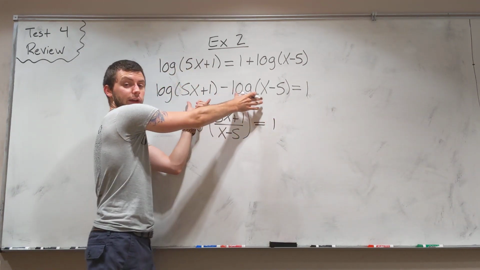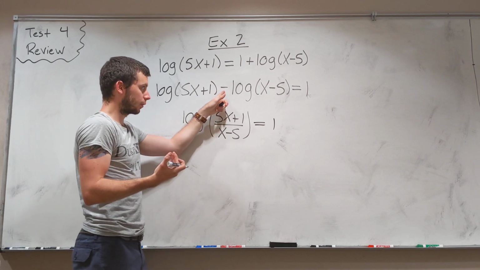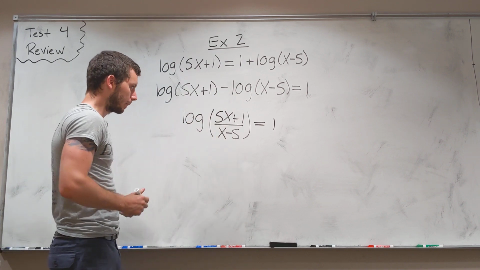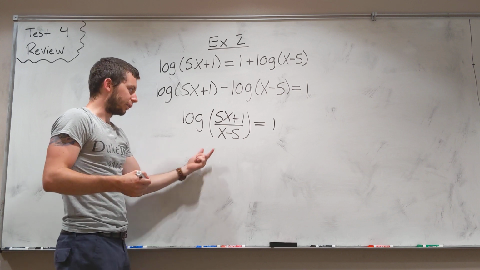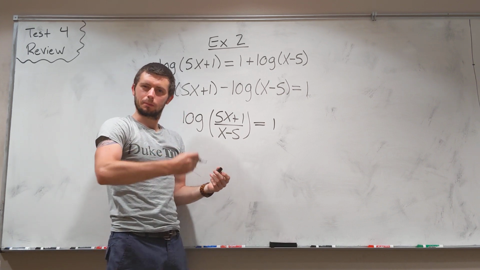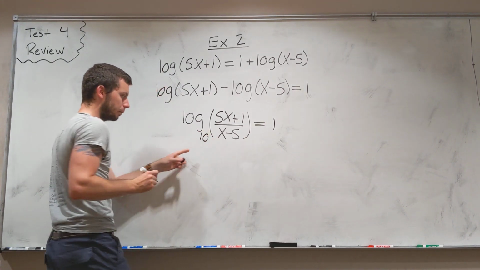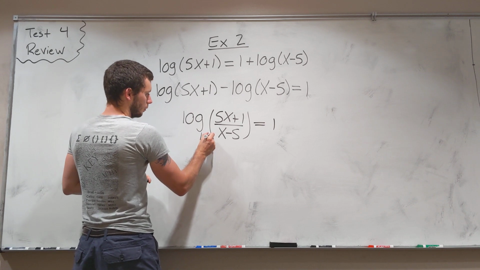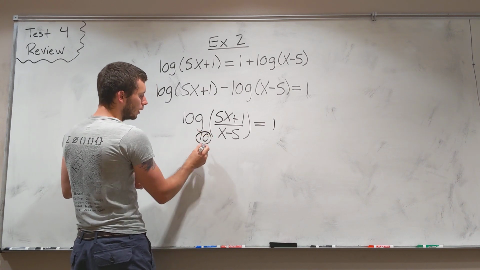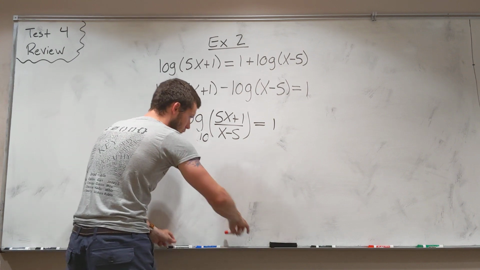So all we did was take 2 logarithms, use the quotient rule, because this is a difference, and combine them as 1. Because once we have a single logarithm, now we can use that loop method that I was talking about. And I did mention the base is understood to be 10. So what we have now, in fact, I'll do this in a different color just to emphasize it.